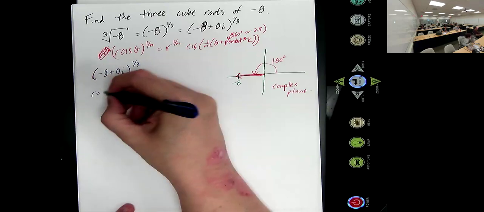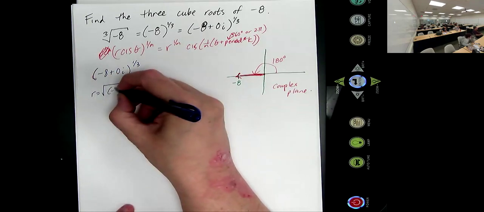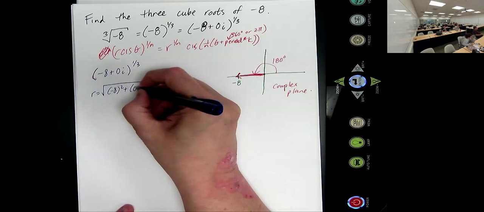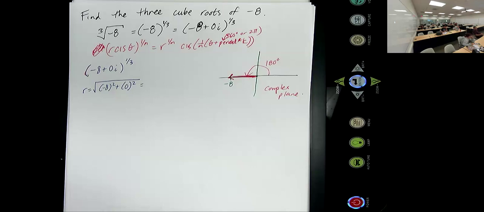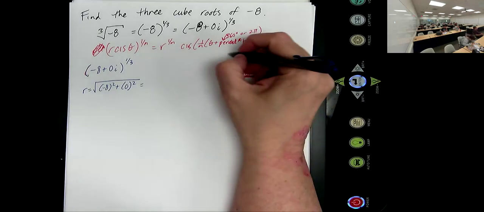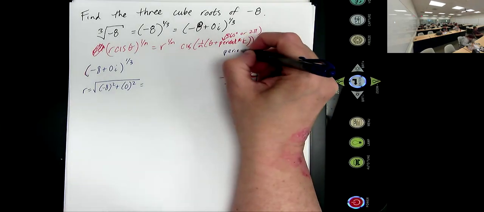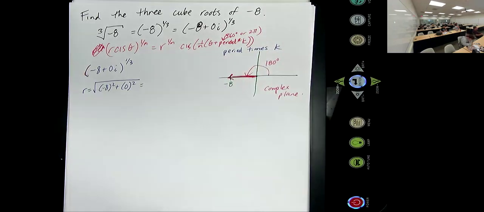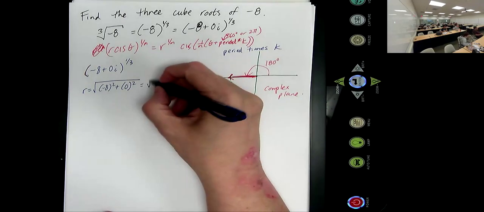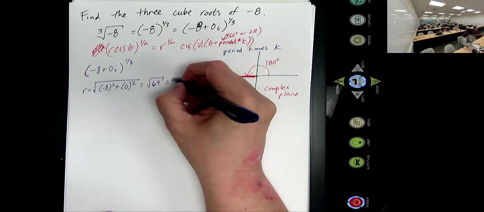R is the square root of -8 squared plus 0 squared, and that's the square root of 64, which is 8.